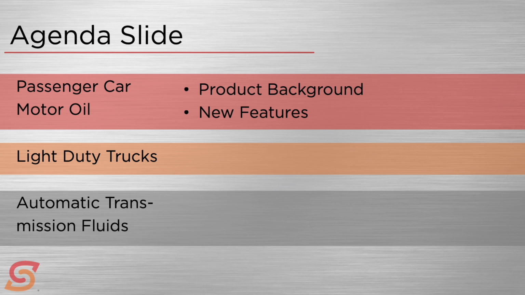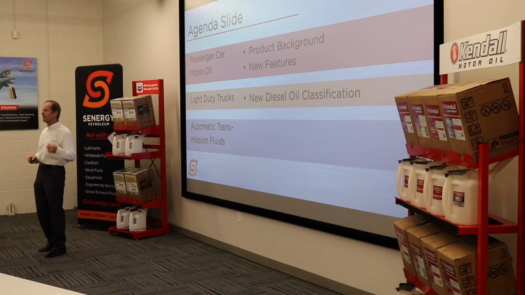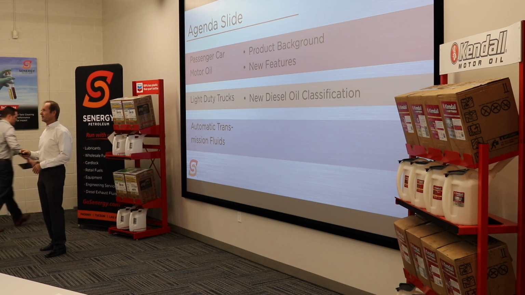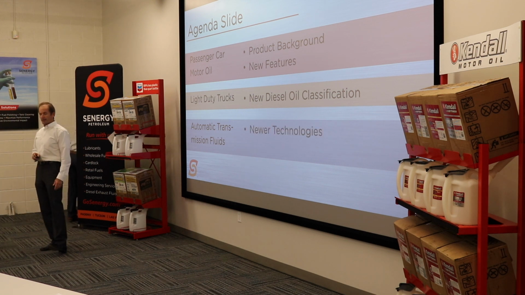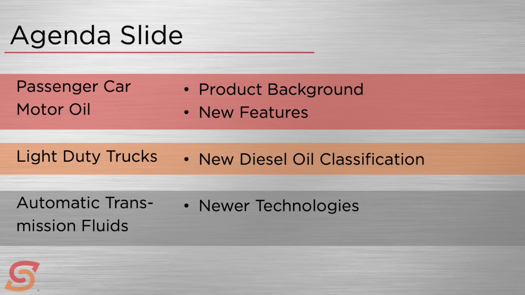The next section on light-duty trucks is mostly to discuss, and if you do not already know about the relatively new diesel oil engine classification, this is going to be important because it's rolling its way into the light truck world. And then on automatic transmission fluids, we're going to talk about the newer technologies in transmissions, and we're going to talk a little bit more about product specifications and automatic transmission fluids.